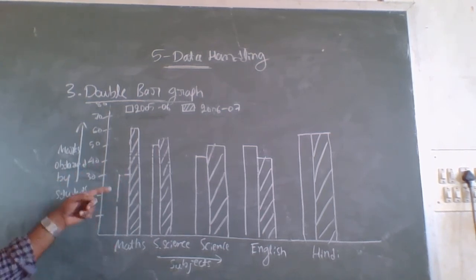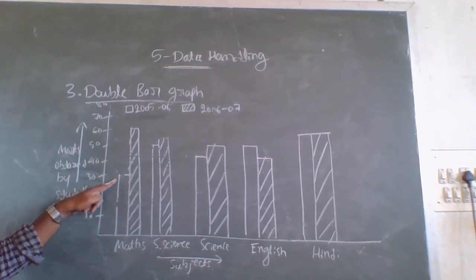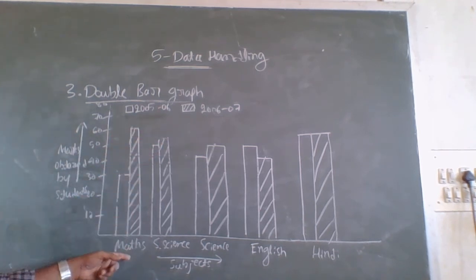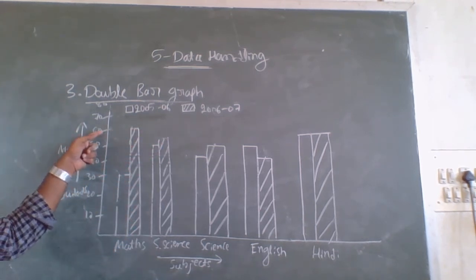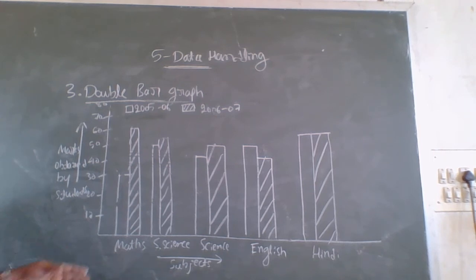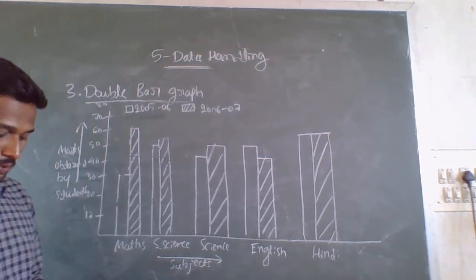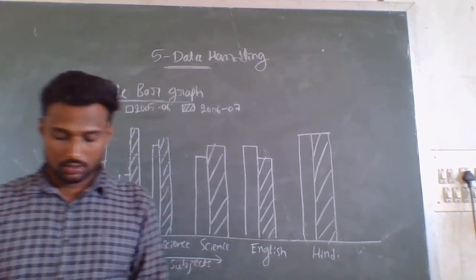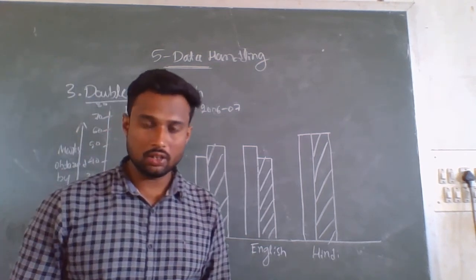Maths, because here it is 30 in 2005 to 6, but in 2006 to 7, it is 60. Means the performance has improved twice. Therefore, in the maths subject the performance improved the most.